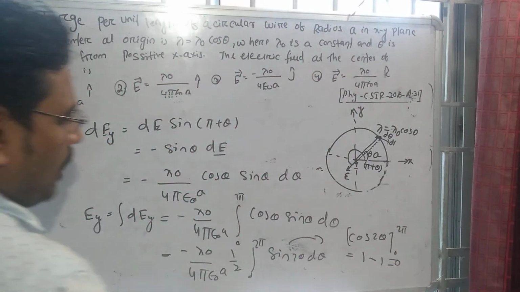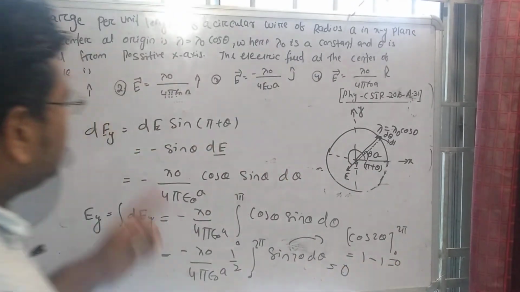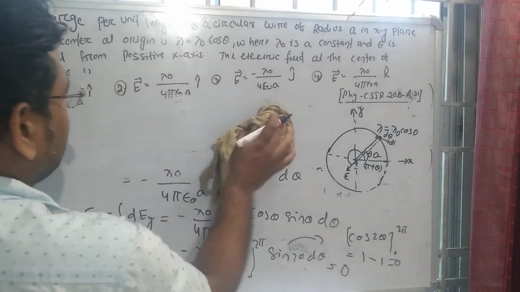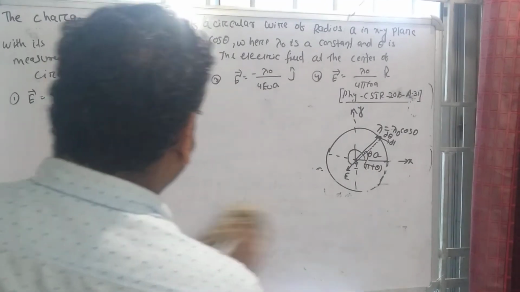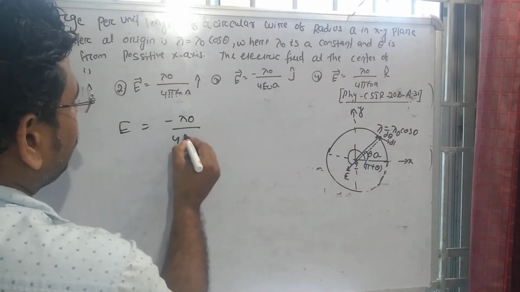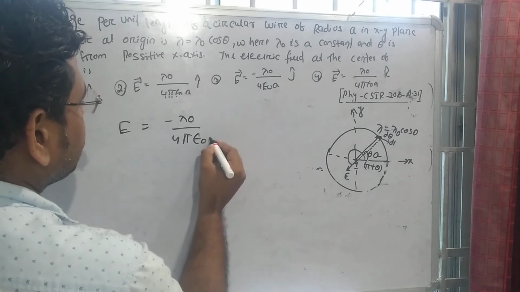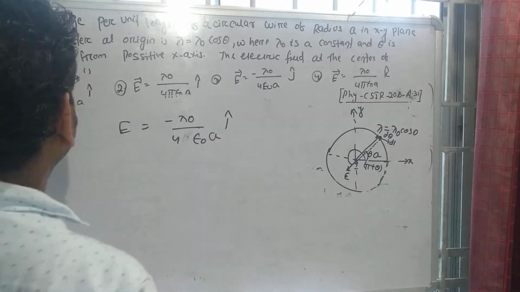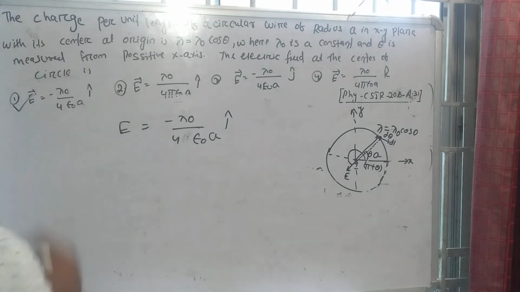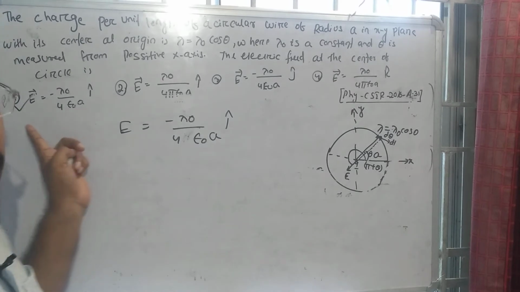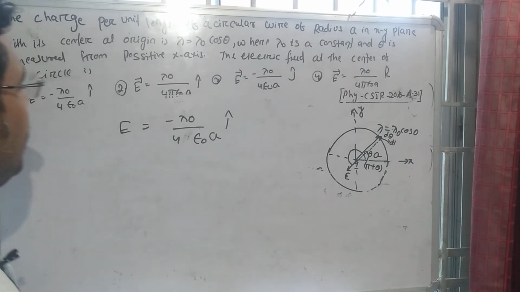So that means the y component is 0, and only the x component remains. So the net electric field will be along the x component, and its magnitude will be minus lambda 0 by 4 pi epsilon 0 times a, I cap, which is the first option. So our answer is matching with the first option, so the correct option is the first one.